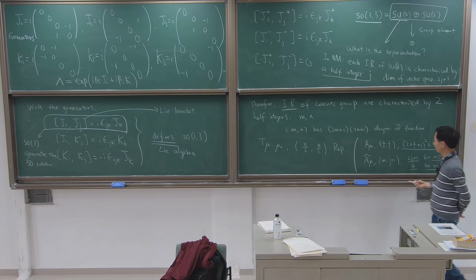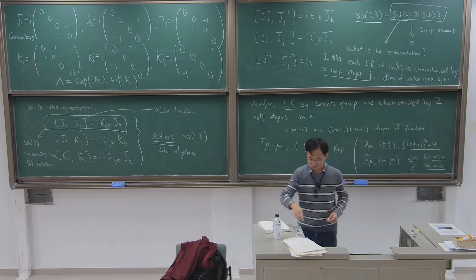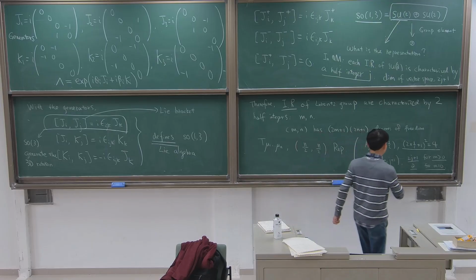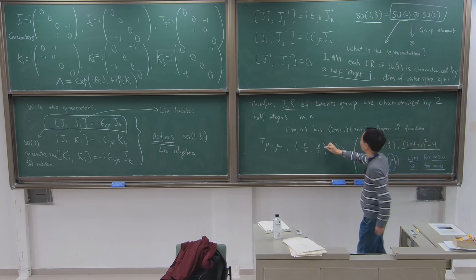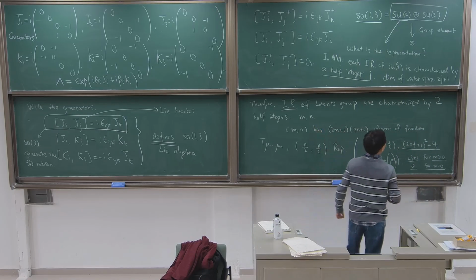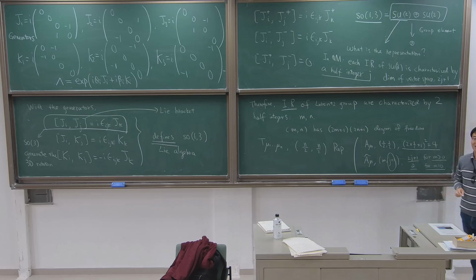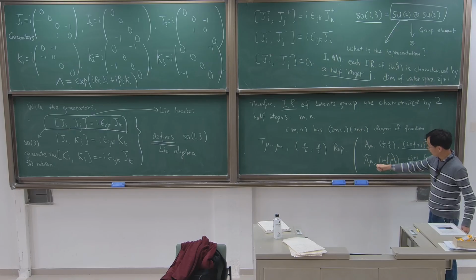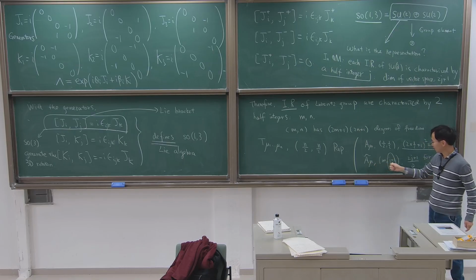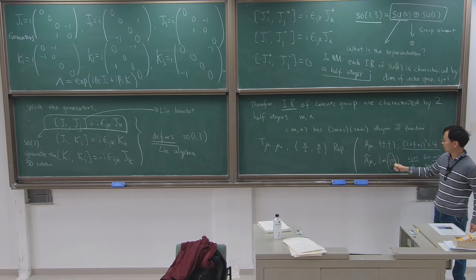Now, of course, there is an important question here. Because both Wigner's classification and the classification here touch something related to spin, right? In order to not confuse yourself, what is the relation between these two spins? So in Wigner's case, for such kind of field, we said j should be equal to 1.